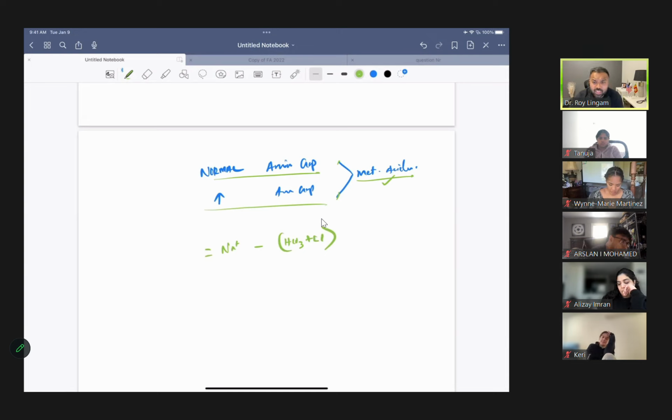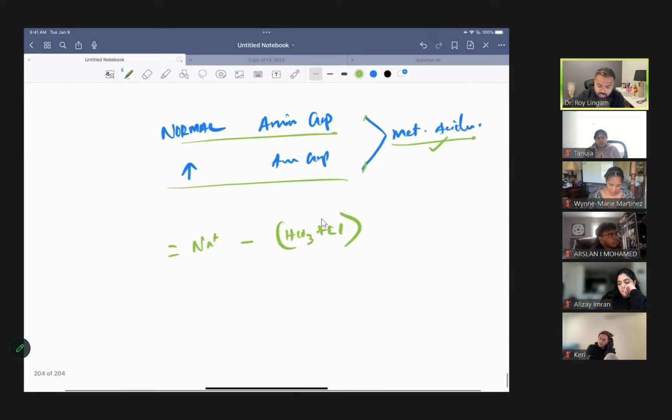The anion gap means the difference between positive charge and negative charge in the body. That's the definition of the anion gap: the difference between positively charged and negatively charged ions. A good example of a positively charged ion is sodium, and good examples of negatively charged ions are bicarb and chloride.